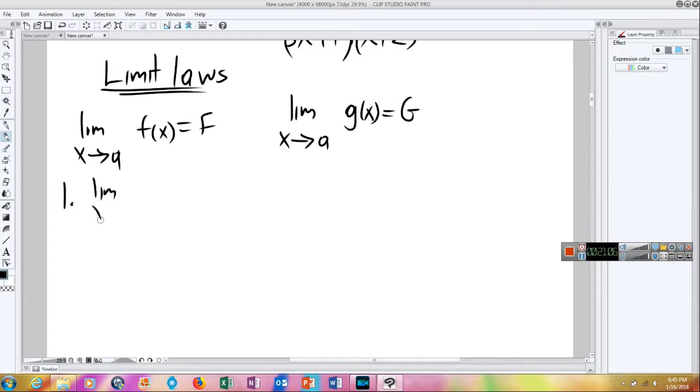So we have the limit where x tends to a for the function k times f of x is equal to that number k times the limit of f.